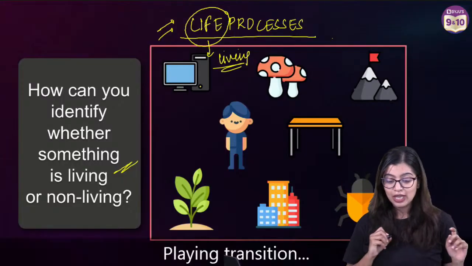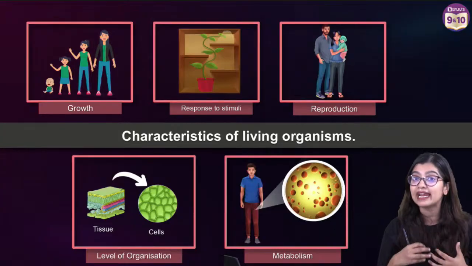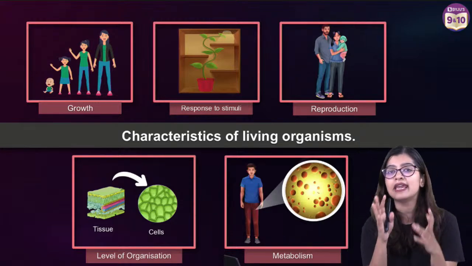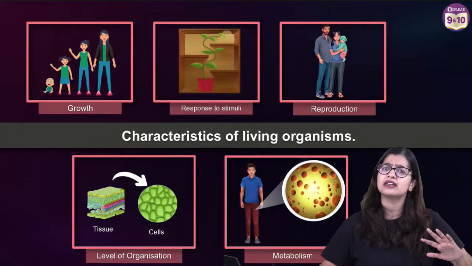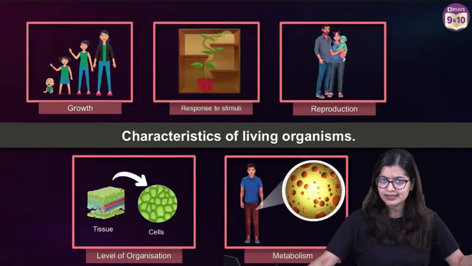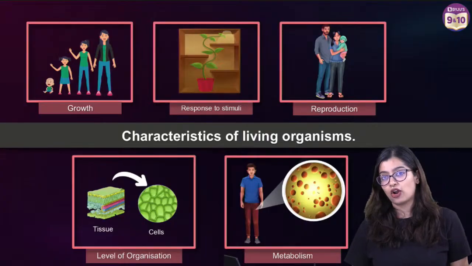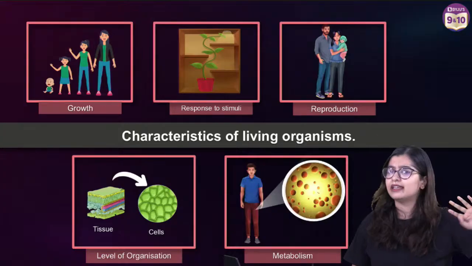Let's understand. We know that living organisms, this is something we have learned in our grade 6, right? Living organisms, or living things, have certain characteristics because of which we are able to identify that they are living, yes? For example, if I ask you what is the most basic thing in living organisms that you are able to tell me, yes, this is a living organism, this is not, right?